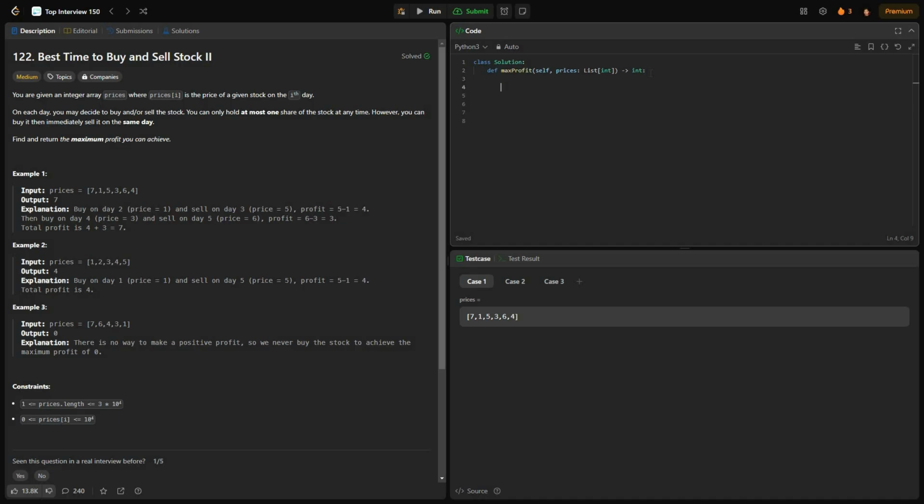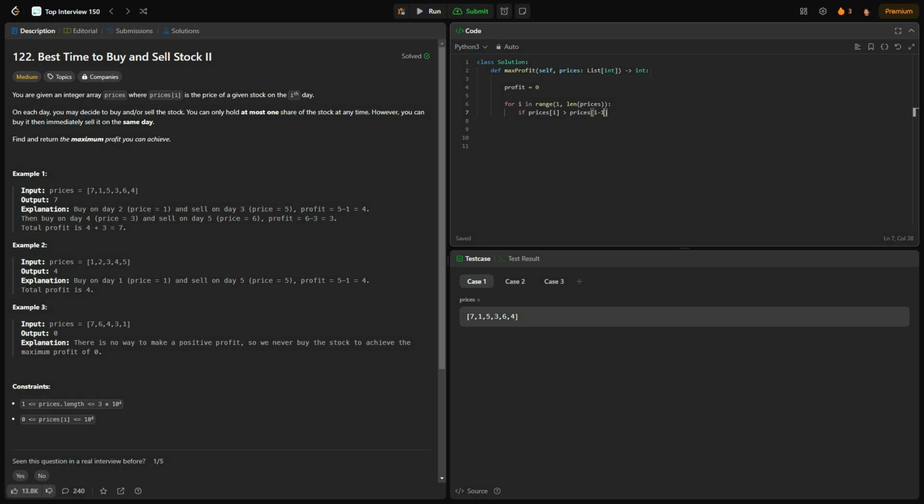Let us initialize a variable called profit equal to 0. Let us loop through our entire array. So for i in range, we are going to loop from 1 to the length of prices. In case the current price is greater than the price of the previous day, then it is good for us to buy and sell a stock.